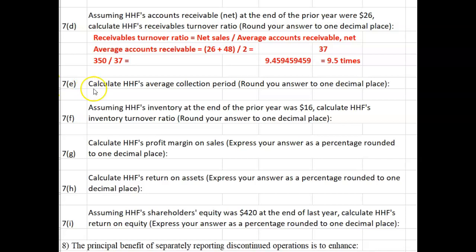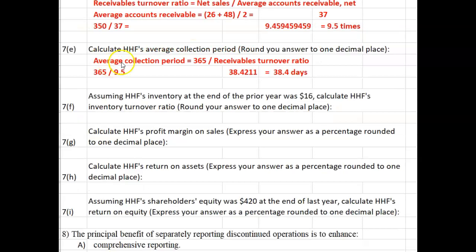So 7E, let's go ahead and calculate HHF's average collection period. Round your answer to 1 decimal place. The average collection period is equal to 365 days in a year divided by the receivables turnover ratio that we already calculated in number 7D above.